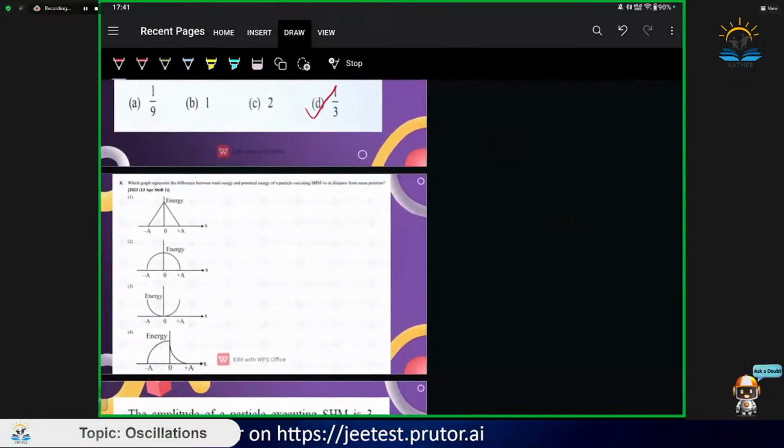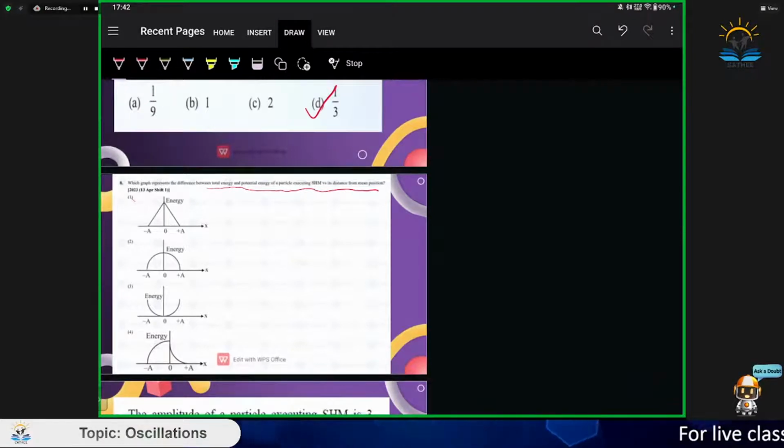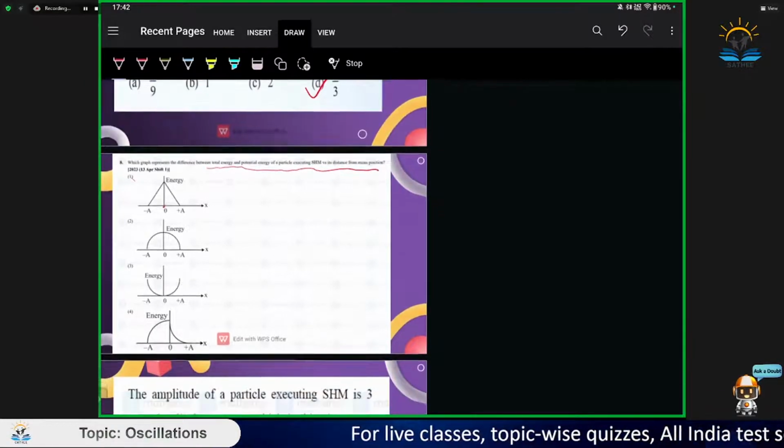Which graph represents the difference between total energy and potential energy of a particle executing SHM versus its distance from the mean position? So we know that total energy is always constant. Potential energy at equilibrium will be 0.